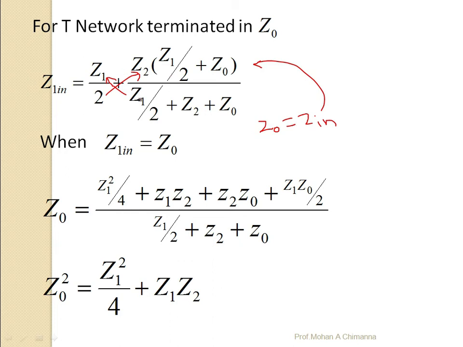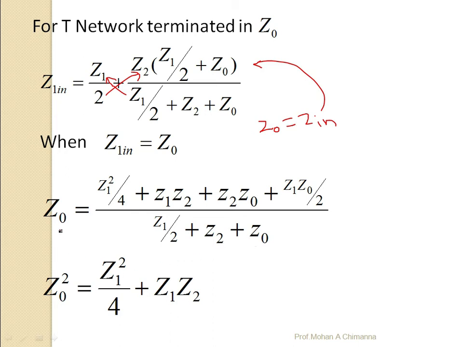So Z1 by 2 here, and 2 will be taken here, and that will travel into the numerator. That's why Z0 is equal to Z1 square upon 4 plus Z1 Z2 plus Z2 Z0 plus Z1 Z0 upon 2, upon Z1 Z2 plus Z2 plus Z0.